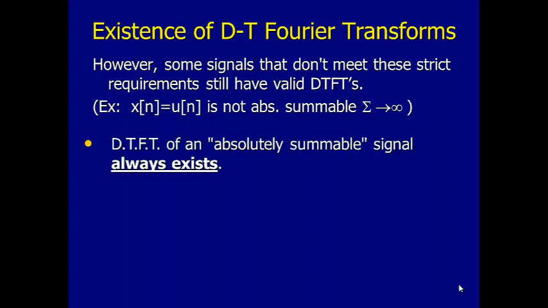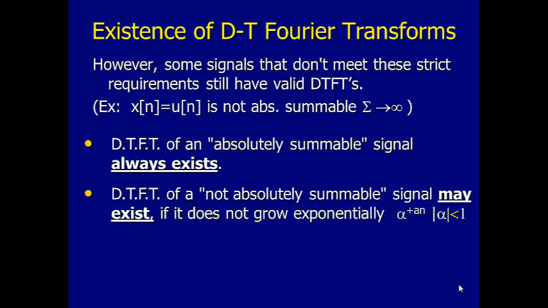So the rule is, if you do have an absolutely summable signal, its discrete-time Fourier transform definitely exists. If it's not absolutely summable, it might exist. You might have a valid discrete-time Fourier transform.